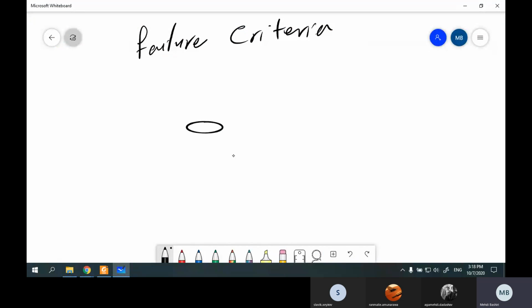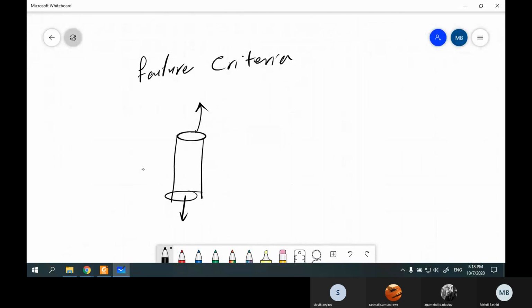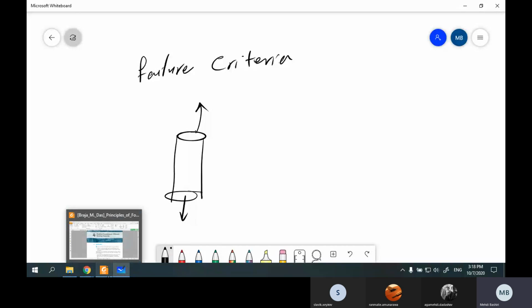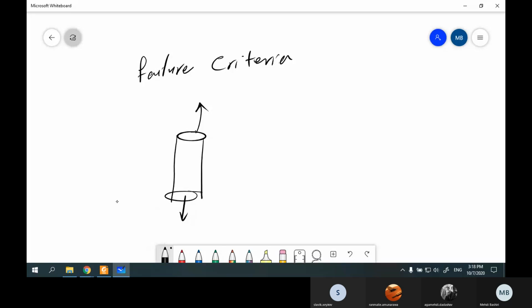Suppose that you have a rod, a bar, and you apply tensile load at both ends. What's going to happen if you increase the load? If you increase the load, we'll have this situation.